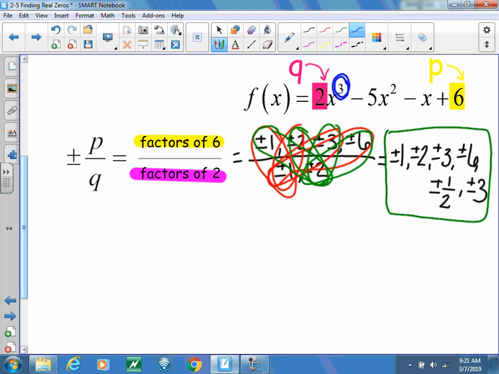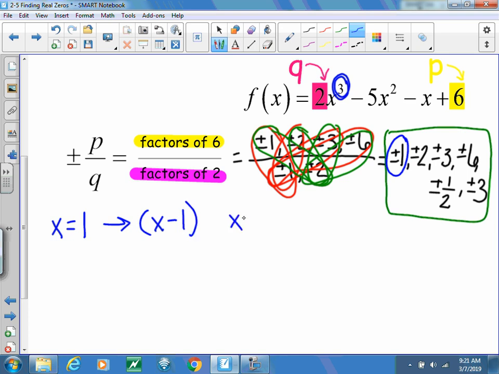So what I'm going to do here is I'm just going to pick one of these. I'm going to say, all right, let's go with +1. Let's see if we can use that as one of my solutions. Now, if x were to equal 1, that means that a factor to go along with that would be x minus 1.